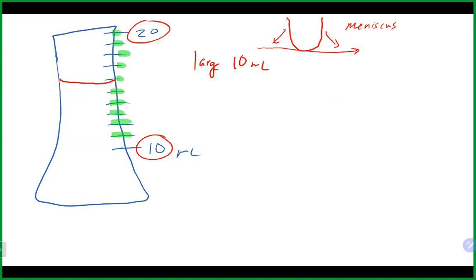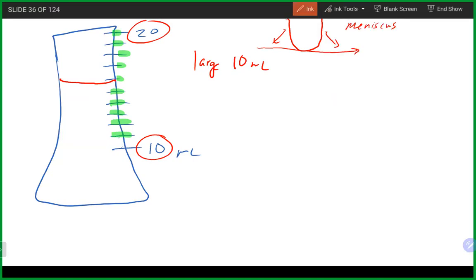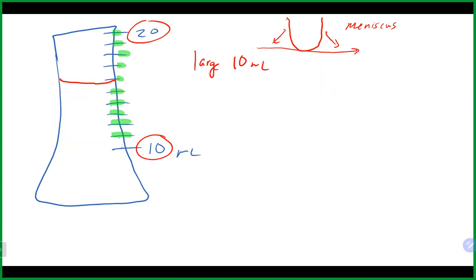Here we have 10 markings between 10 milliliters. In this particular case, that means each of the smallest markings represents how much? 1 milliliter is the small markings. That is 11, that is 12, that is 13, that is 14, 15, 16, 17, and so forth.